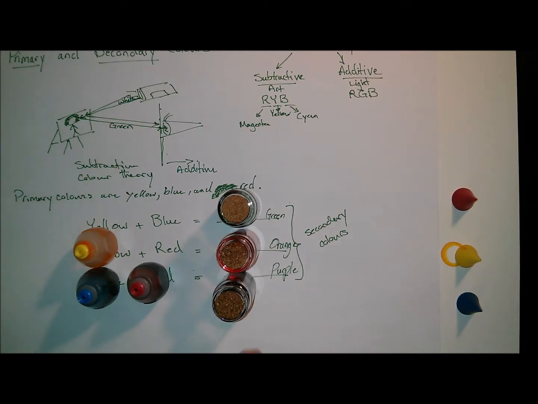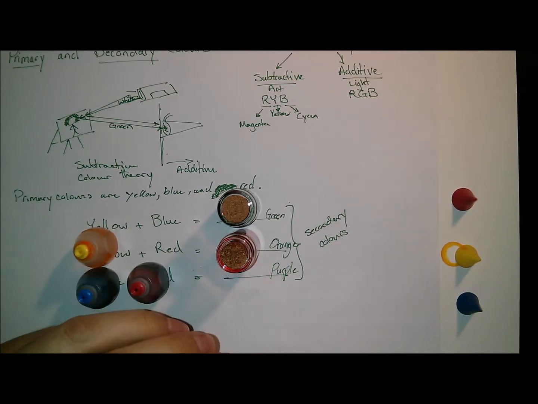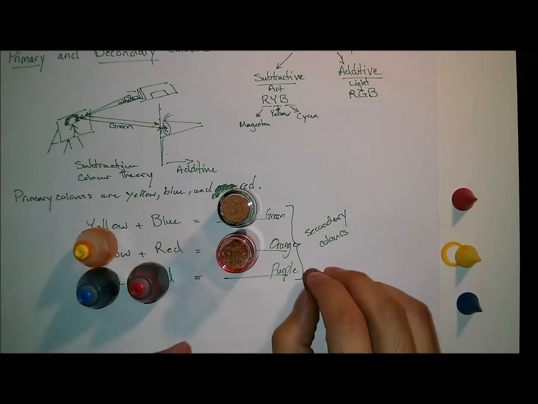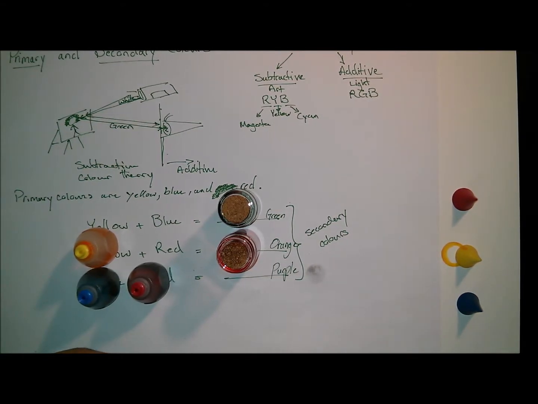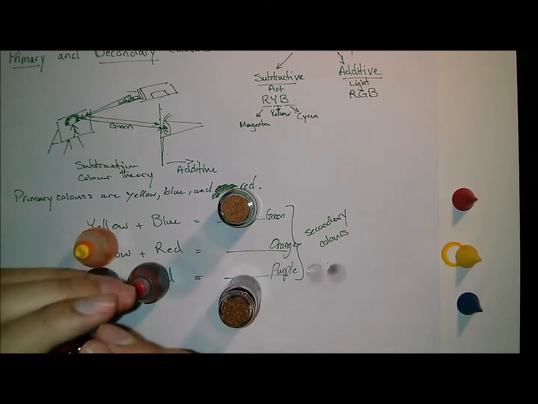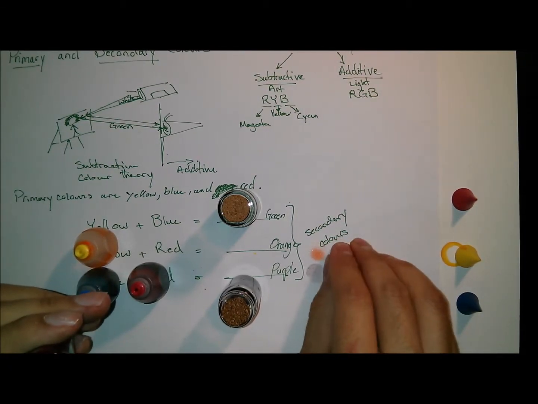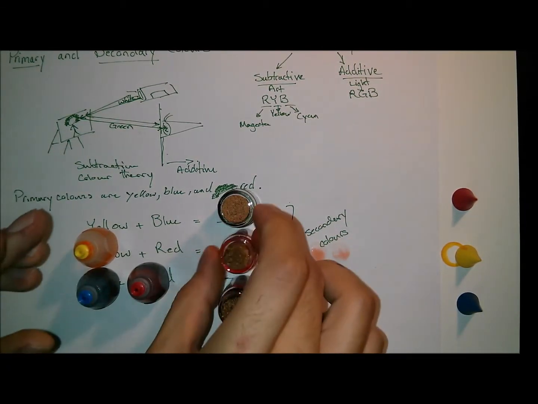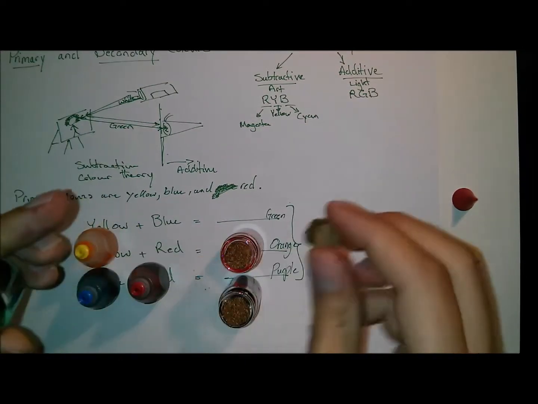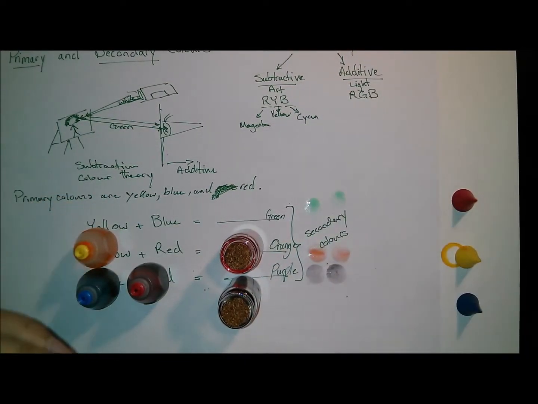Just to prove they are what they are, I'm going to take this and stamp it over here. I'm going to give you 2. There we go. I'm going to take this one and stamp it here. Let's do 2. I'm going to take this one and stamp it here.